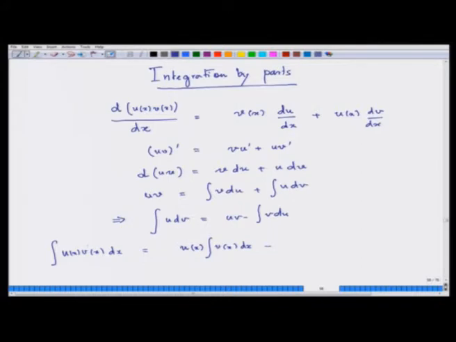Basically here I have uv'. If I take v' dx, it will give me nothing but v. So, instead of u dv, I am writing dv as v'(x) dx. So, this is exactly the formula.